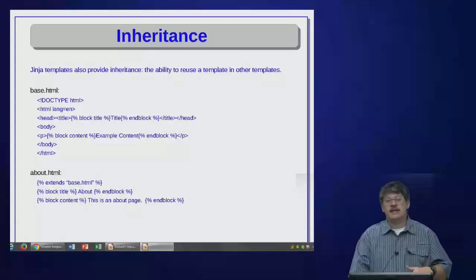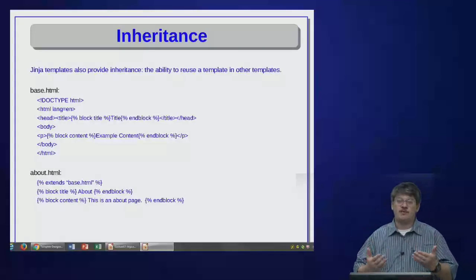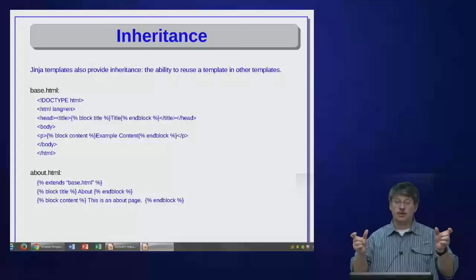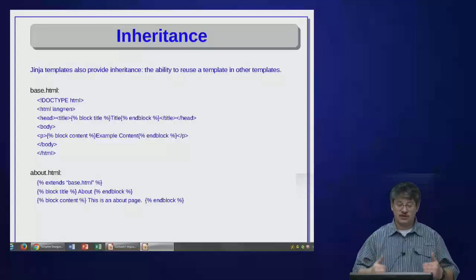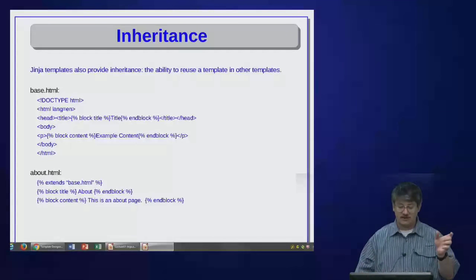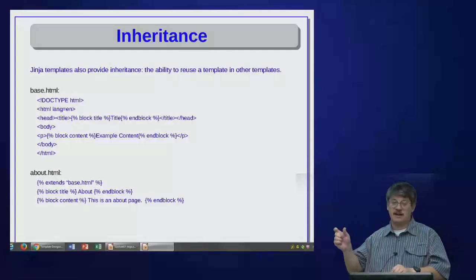What this is doing is it's allowing me to replace part of the base template. If I create a block named title in about.html, anything I put between block title and endblock will replace what I have between block title and endblock in base.html. So if you look at about.html, you'll see I have block title and I have the word about and then an endblock.